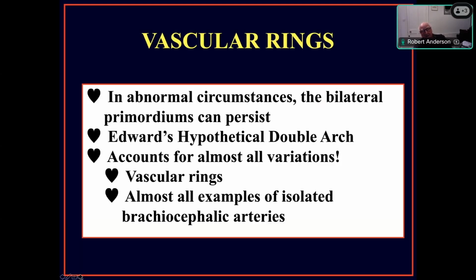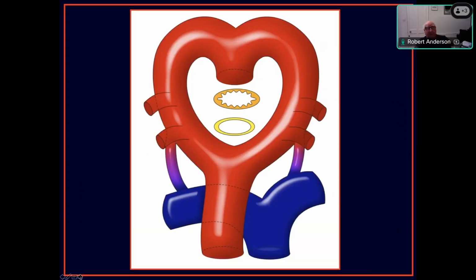It also accounts for almost all the examples of isolation of the brachiocephalic arteries, either the brachiocephalic trunk, the right common carotid, the common carotid arteries, or the subclavian arteries. So how does it work? Well, this is Edwards' hypothetical double arch.